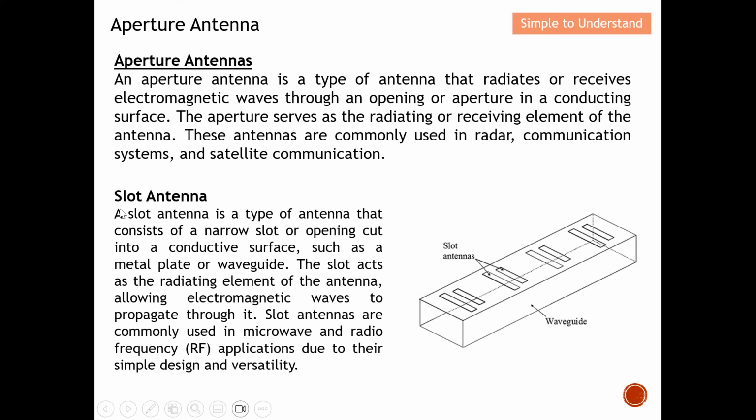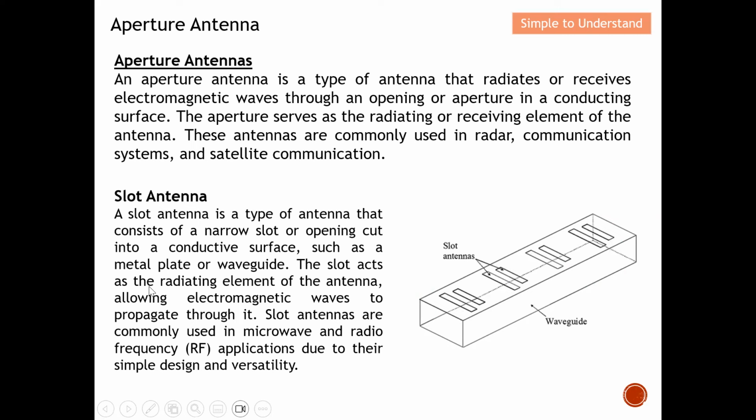Under this aperture antenna, we have the slot antenna and also the horn antenna. A slot antenna is a type of antenna that consists of a narrow slot or opening cut into a conducting surface, such as a metal plate or waveguide. As I illustrated, this is a waveguide. We are going to have some form of opening, some form of design of opening, so as to ensure that electromagnetic waves can either enter or exit this waveguide.